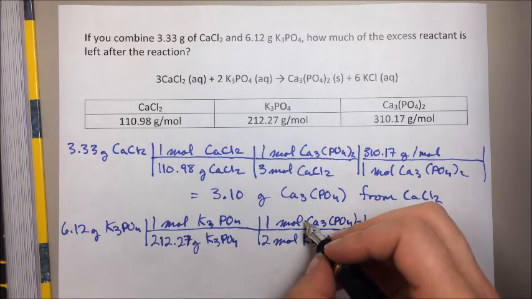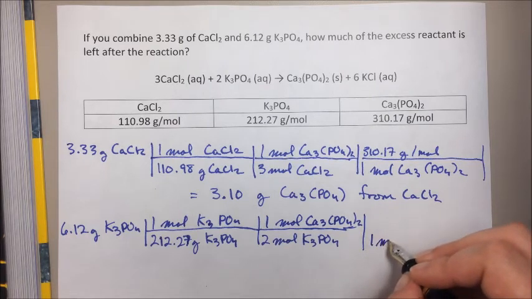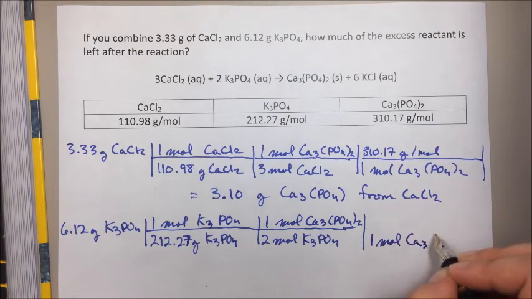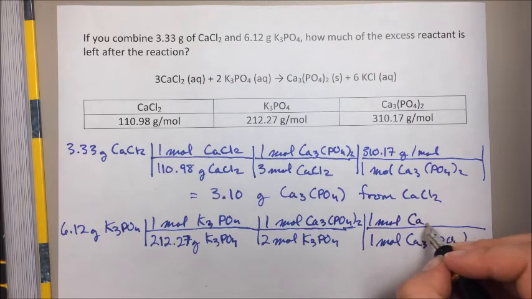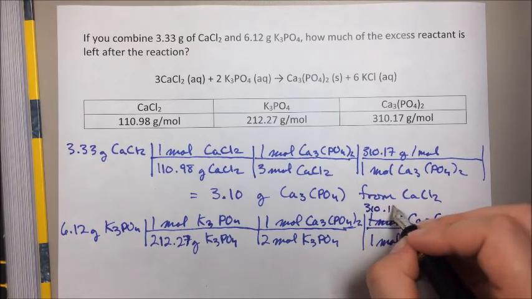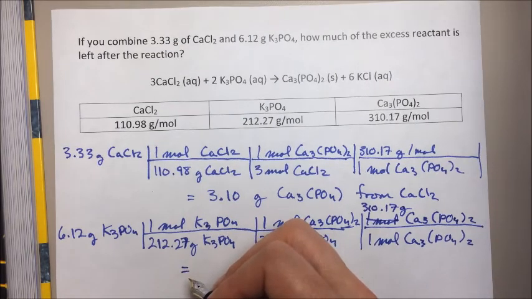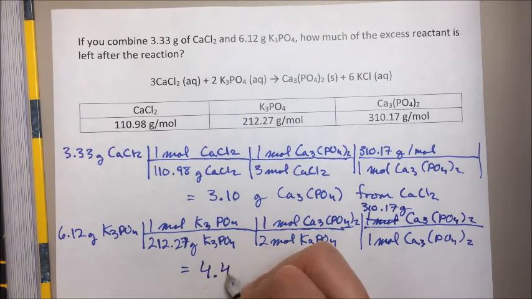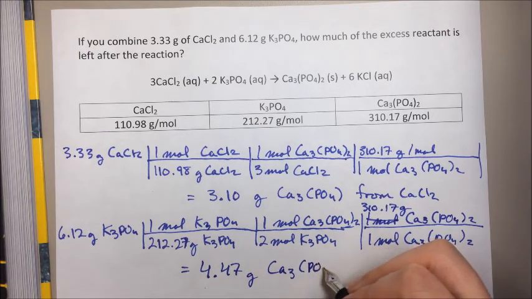And now we're going to go from moles of calcium phosphate to grams of calcium phosphate using the molecular weight. Crunch those numbers. We get 4.47 grams of calcium phosphate from this much potassium phosphate.